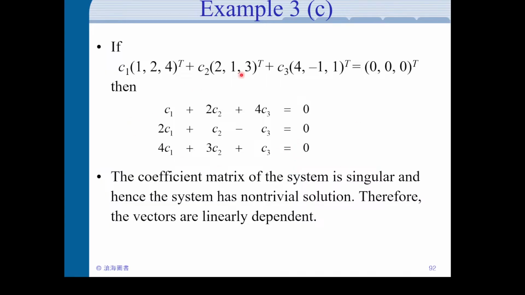Because this matrix is singular, this has a non-trivial solution. This is from our theorem 1.5.2, where this square matrix has determinant 0, so the matrix is singular and we have a non-trivial solution. So those vectors are linearly dependent.